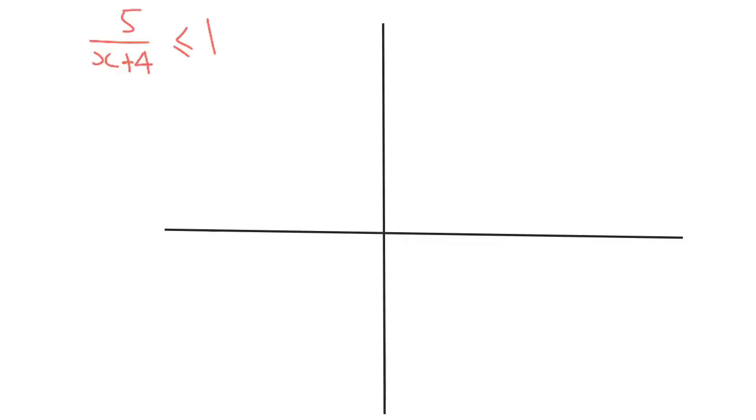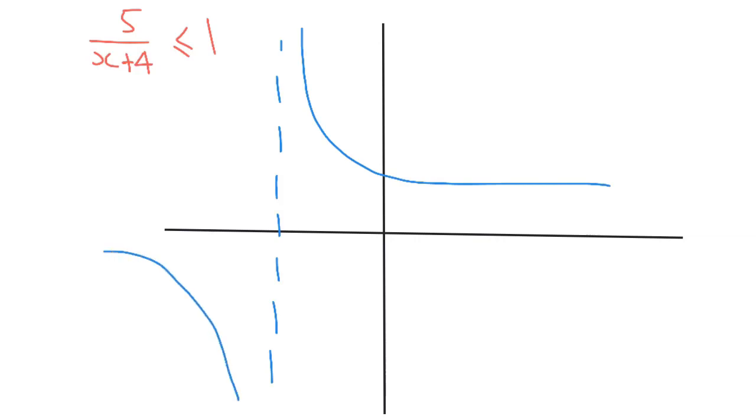If we have a look at our graph here, if we're trying to graph y equals 5 over x plus 4, it means we're going to have an asymptote at -4, and a graph that looks something like this. It shouldn't be quite so flat over here. That'll warp things a little bit. We've got our line y equals 1 here, somewhere like this.